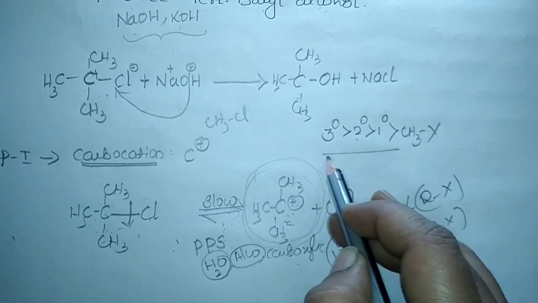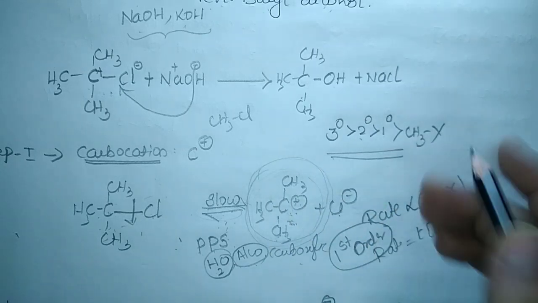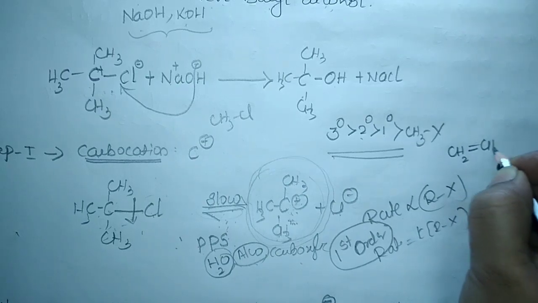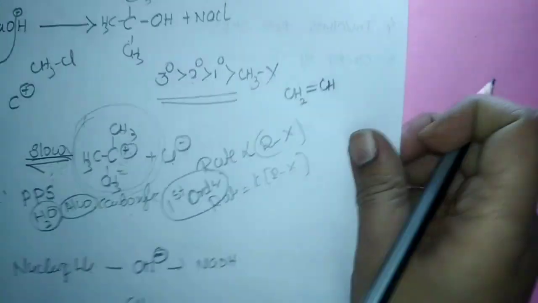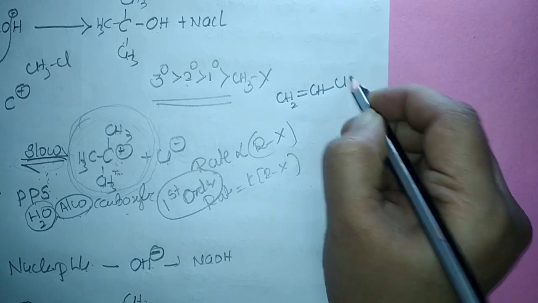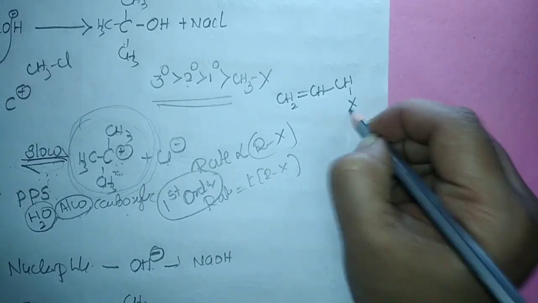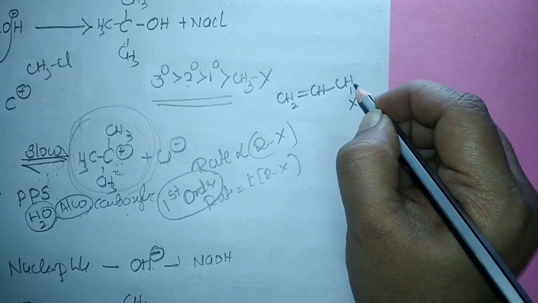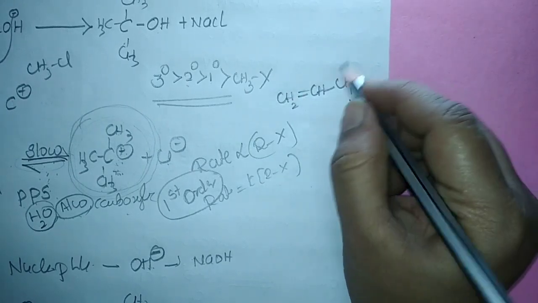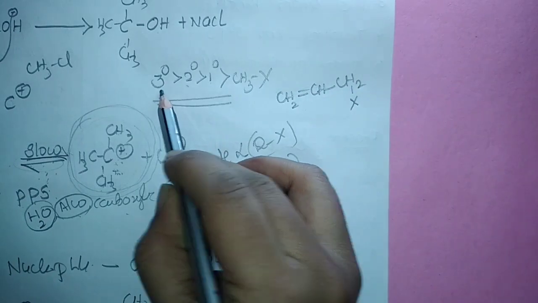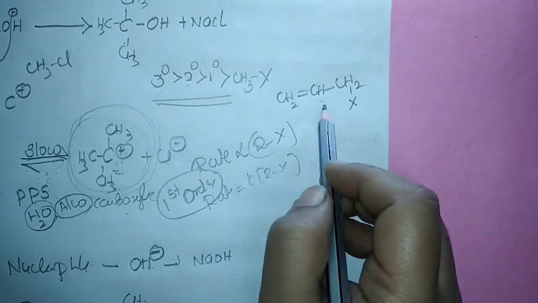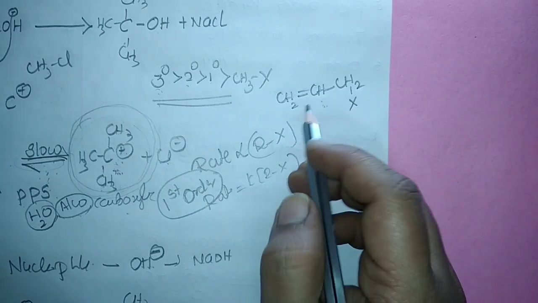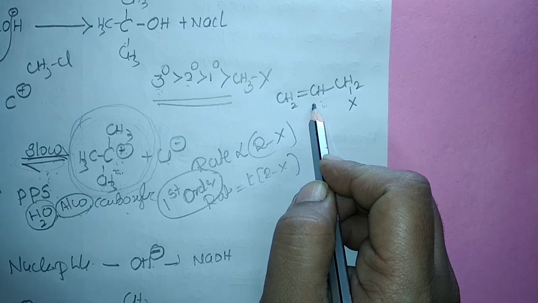Instead of this one, if I take allylic halides, for example CH2 double bond CH, CH with X over here, this is called an allylic halide. Compared to the tertiary, the allylic halide readily undergoes SN1 reaction. If the question appears, it is the allylic halide which readily undergoes it. Why?